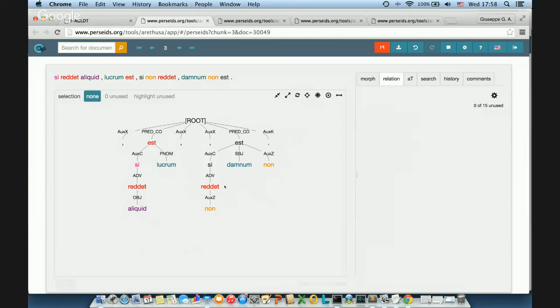I won't say anything right now about this kind of annotation of non. This is basically a label, meaning that non is taken to be a kind of emphasizing word with respect to the verb. And how can I join these two branches?